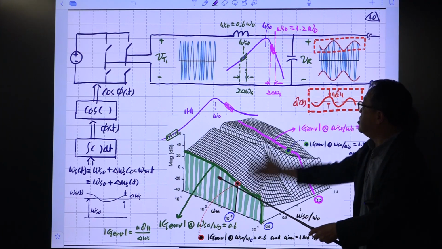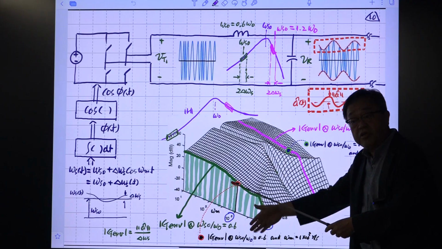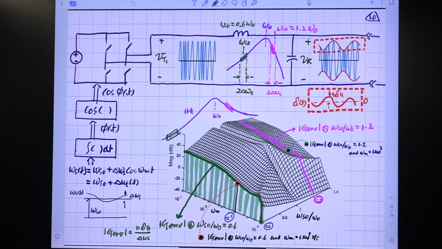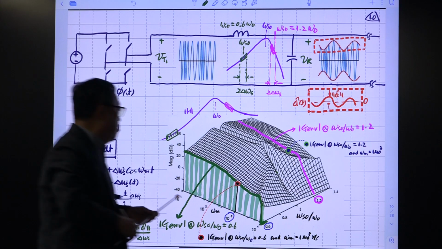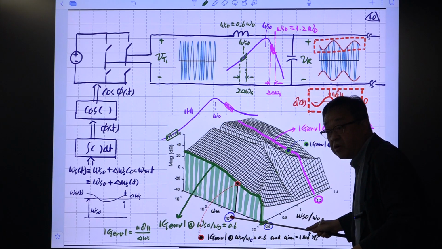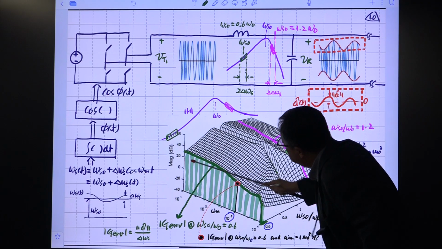This is the sliced view, a cross-sectional view of this. In this case it's easy to explain because omega S is varied along this line. So you are modulating this one at different frequencies. This is the modulation frequency, this is the low frequency.